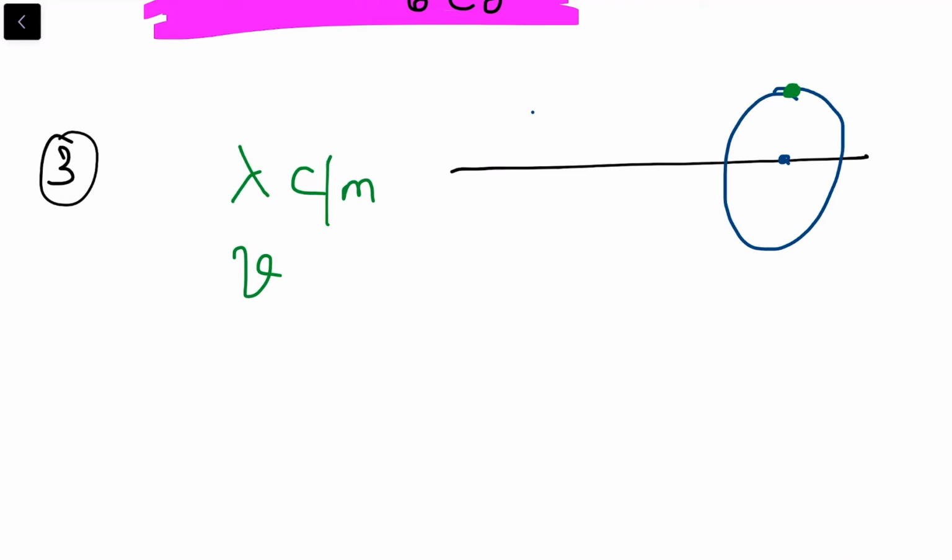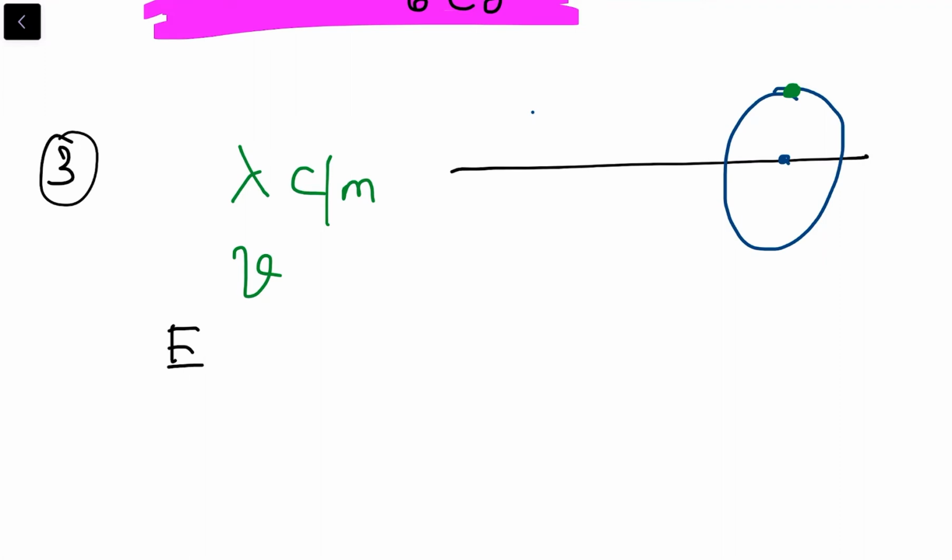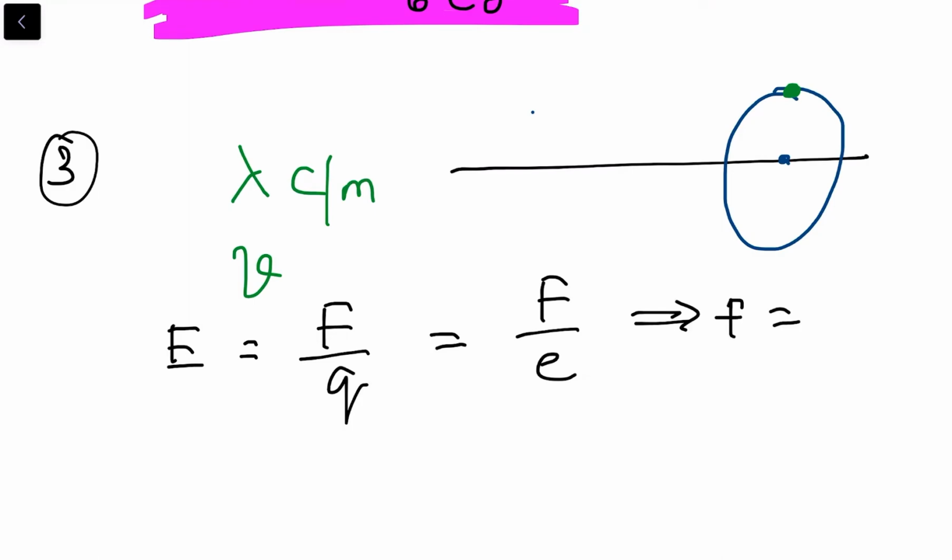In the previous video on the numericals of electrostatic force, I have shown you the relationship between electric field and force: E is equal to F by Q. Now it is an electron, therefore the charge of the electron is e. Therefore you can say the force is equal to e into E. This is the electrostatic force exerted by the line of charge on the electron.